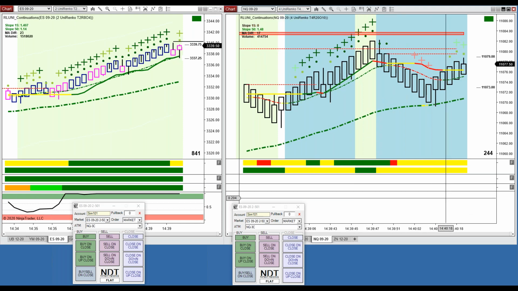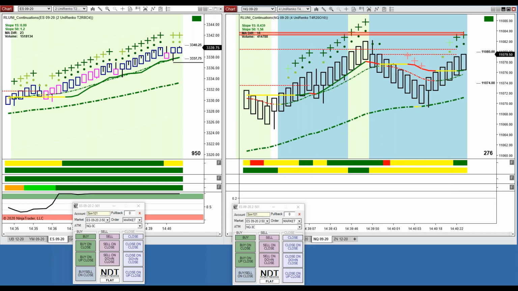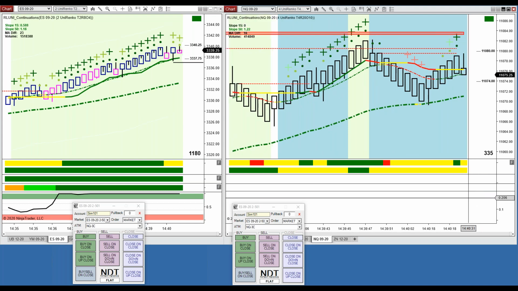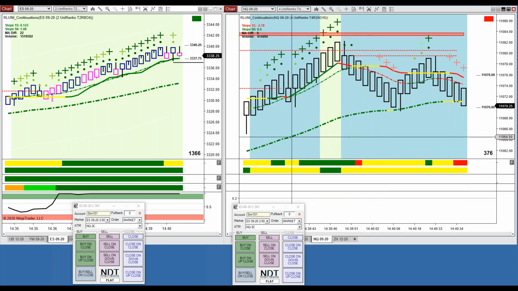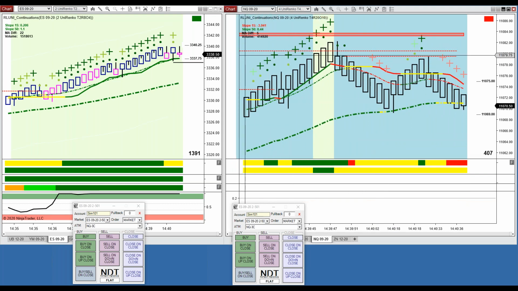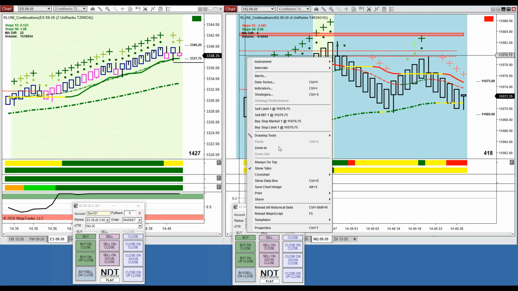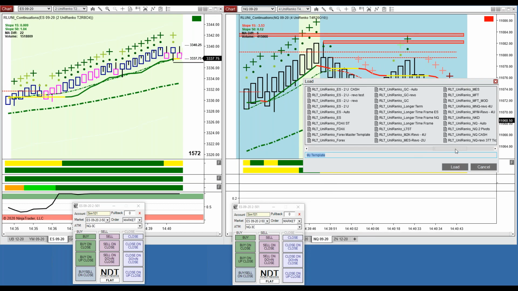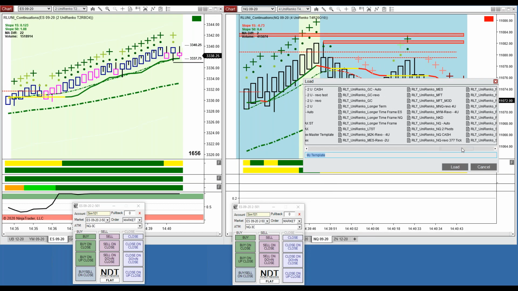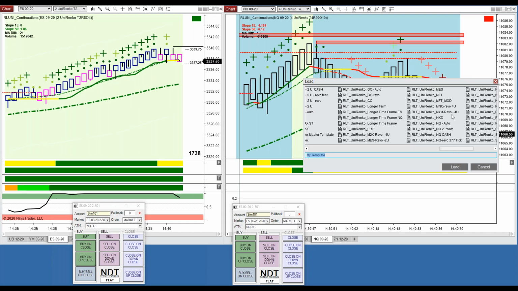Now I would expect this to load. Hang on a second here. It's just not loading. Let me reload the template. Here's my NQ.